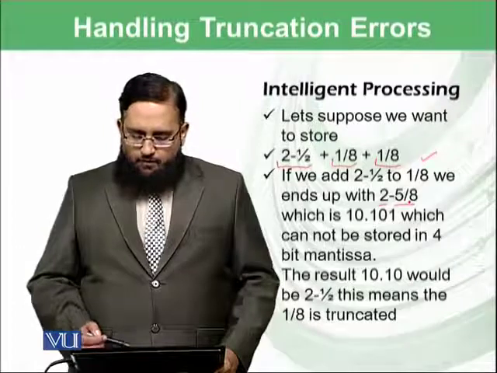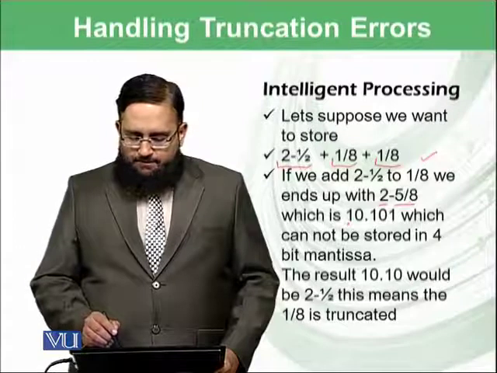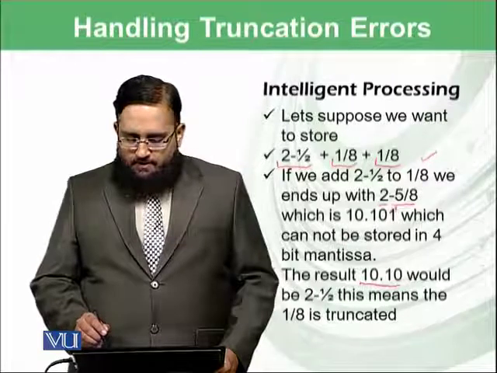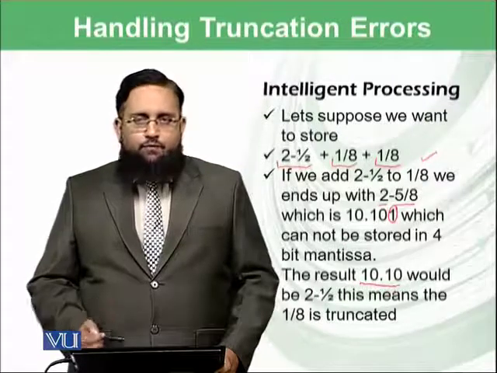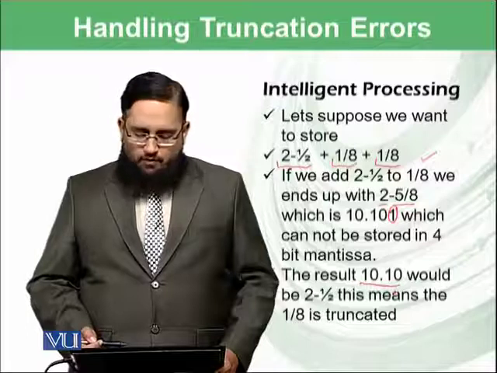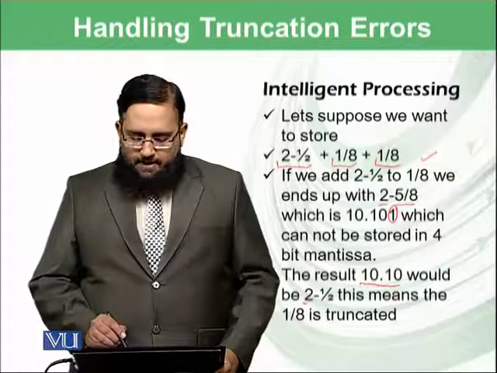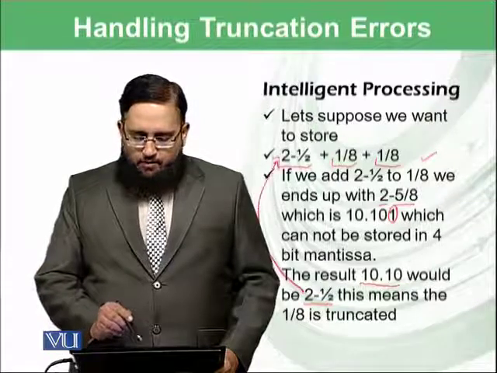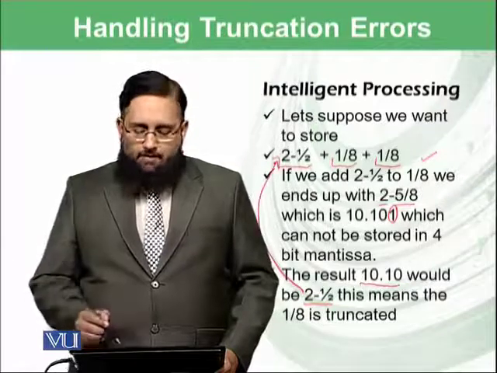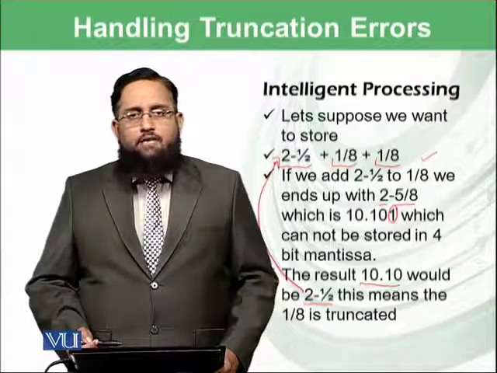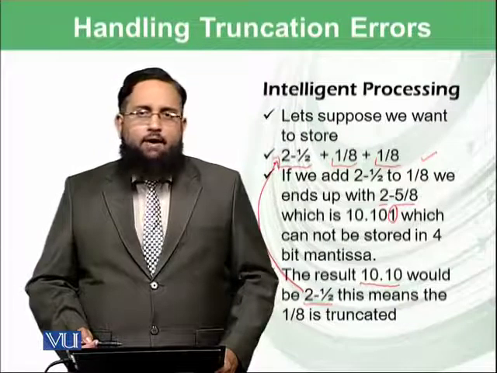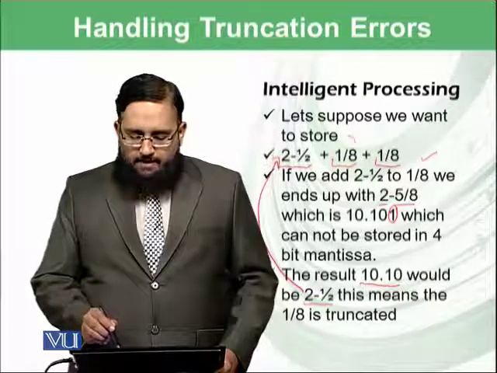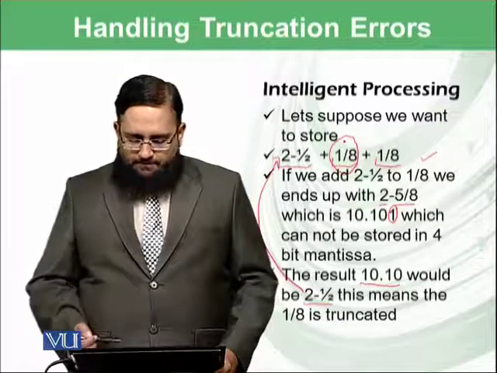So actually we will remain with 1010, because the last bit will be lost. If 10.10 is stored, that will remain 2 whole 1 by 2. So this means that the addition of 1 by 8 has not taken place, and we are left with the same number, 2 whole 1 by 2, and the 1 by 8 has been truncated.